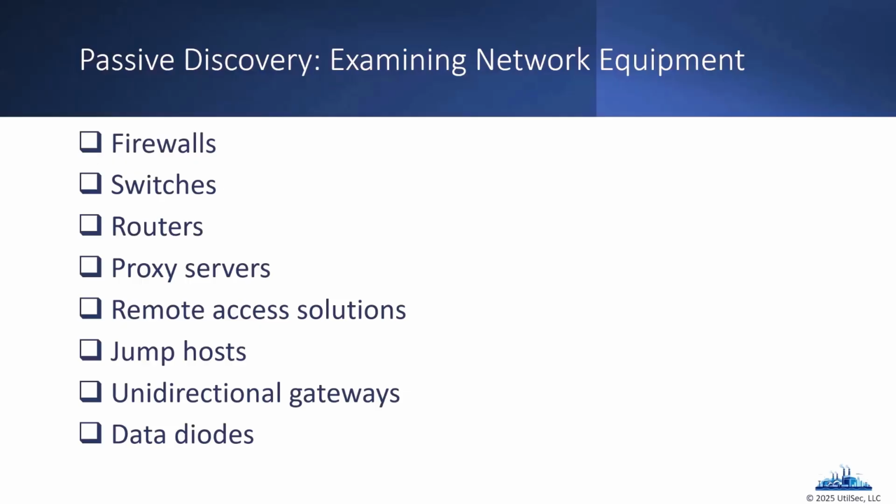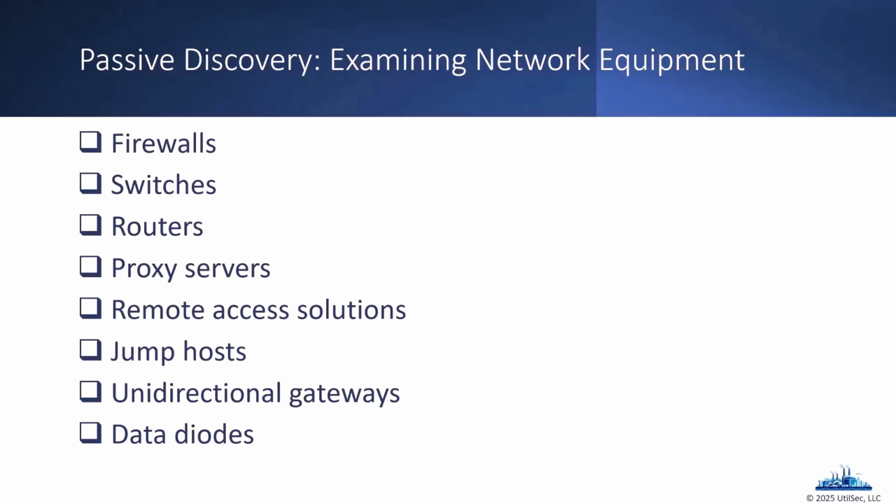What if I log into a switch and look at the ARP cache on that switch? I can see which hosts are connected through that switch and which ones are talking. We can take those MAC addresses and do a reverse lookup to find the vendors, the manufacturers of that equipment: routers, proxy servers, remote access solutions, which usually tie in with jump hosts, unidirectional gateways, data diodes.